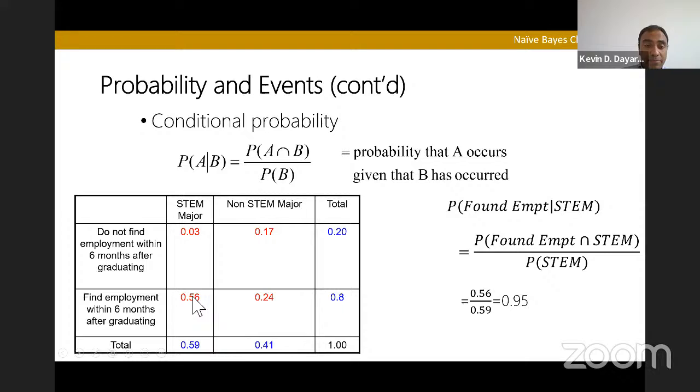In this case, it is 0.56, the probability of finding employment and being a STEM major, divided by 0.59, the marginal probability of being a STEM major. And that comes out to 0.95. So what does that tell us? There is a 95% chance that given someone is a STEM major, they find employment within 6 months after graduating.